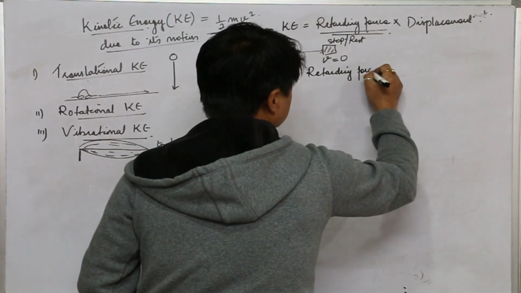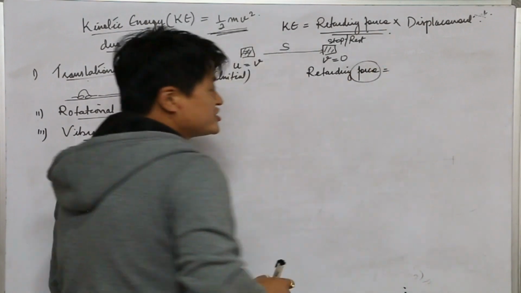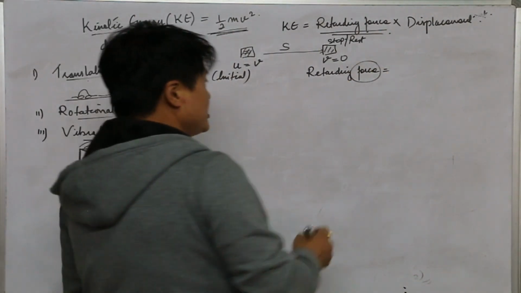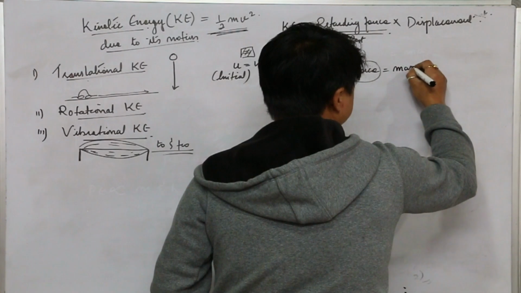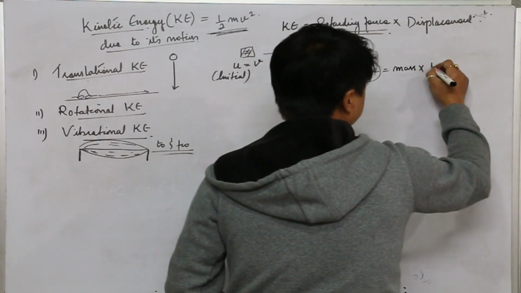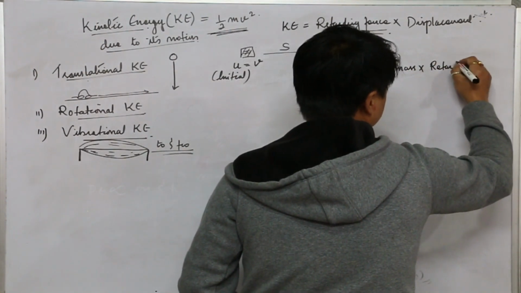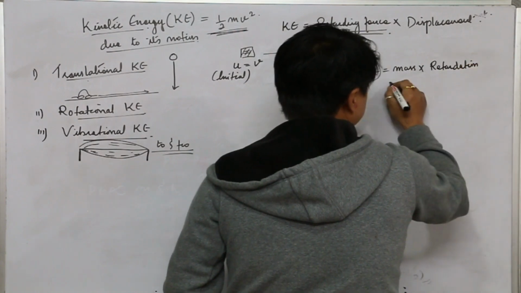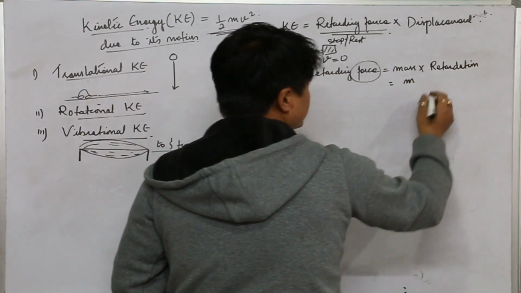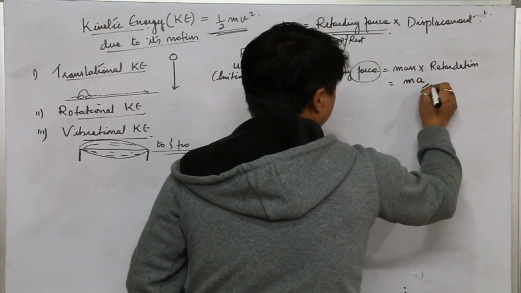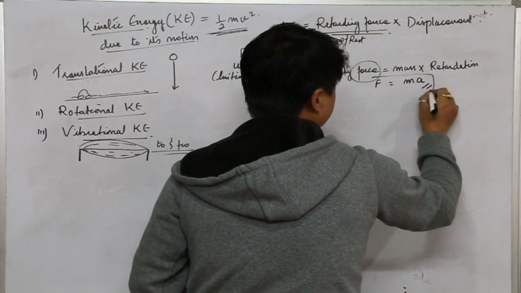what is force? Force is your mass into acceleration. Here mass is m, and acceleration is the retardation. So the mass is m, retardation is a, so force is equal to m a.